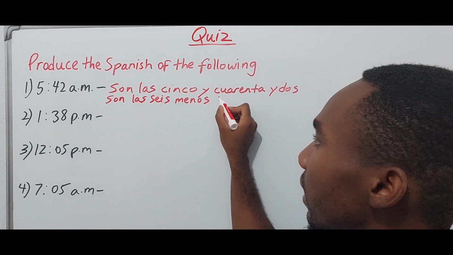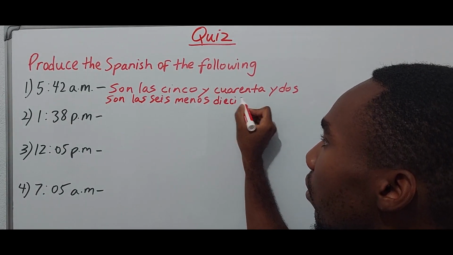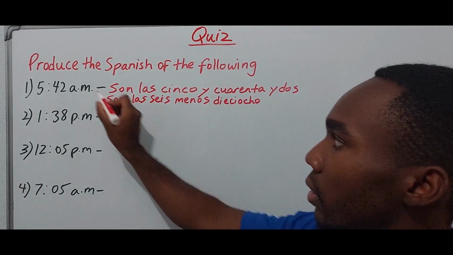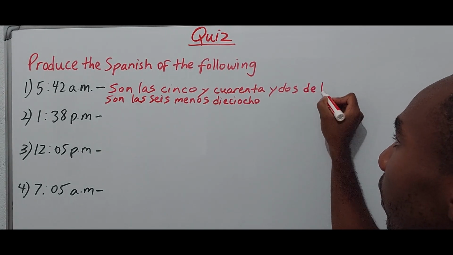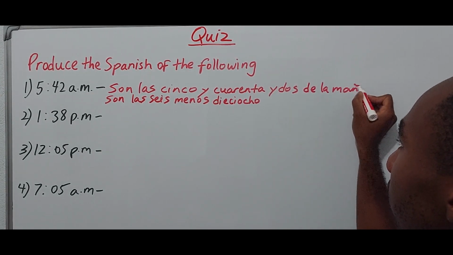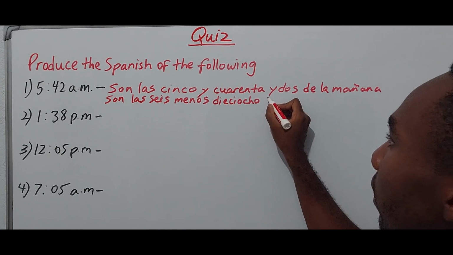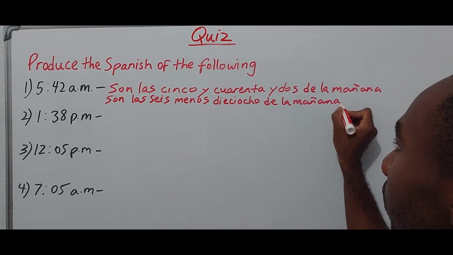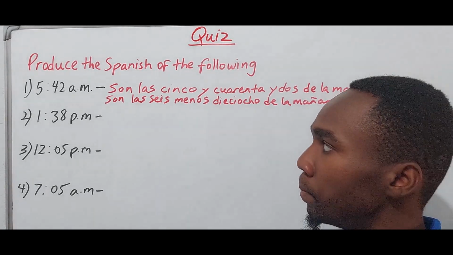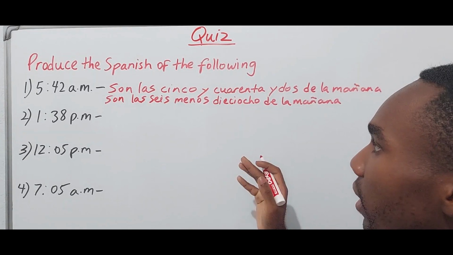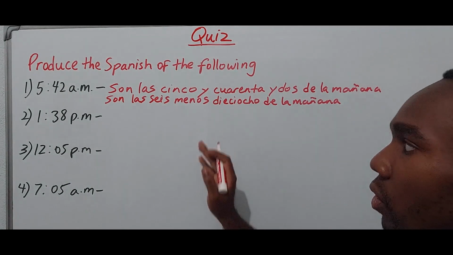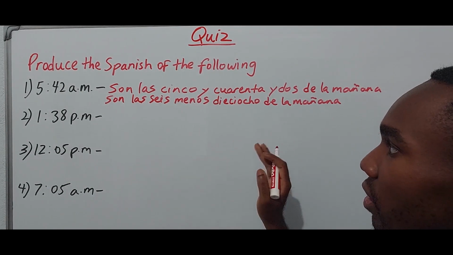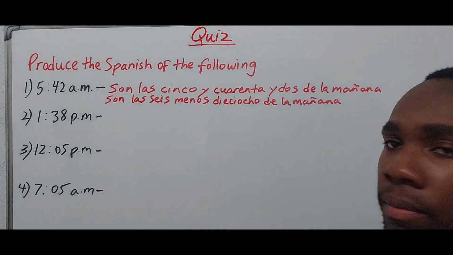So that would be 18 a.m. de la mañana. Okay, so both of these are correct. Son las 5:42 de la mañana or son las 6 menos 18 de la mañana.